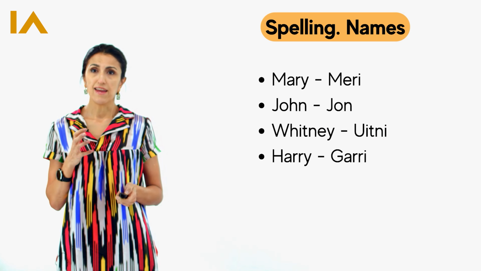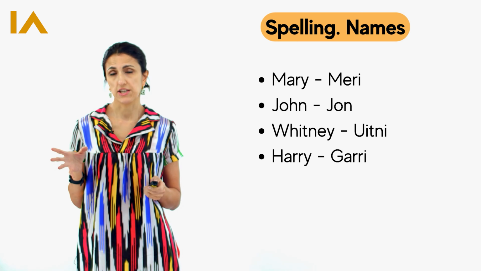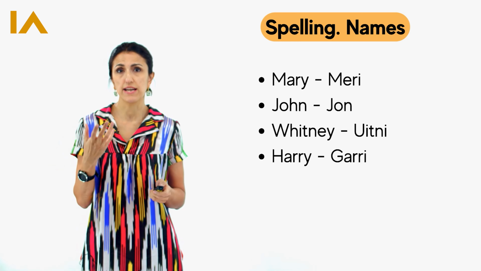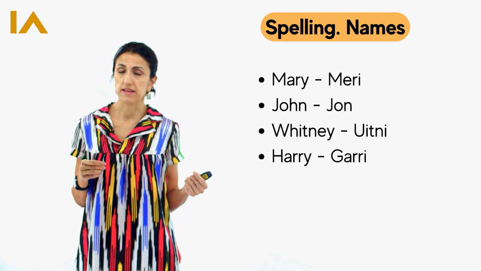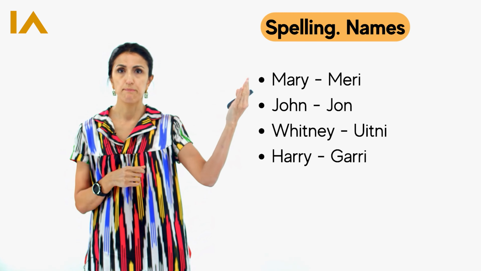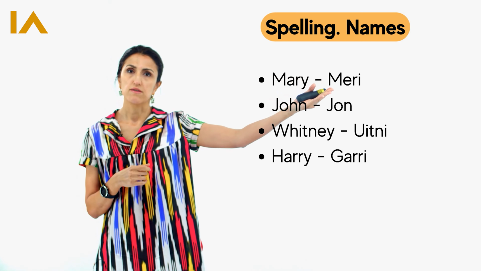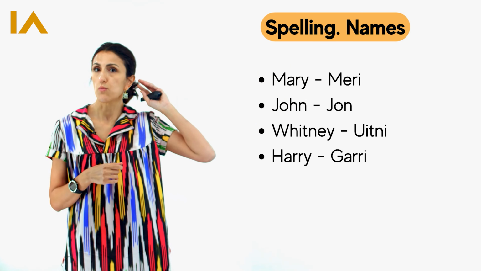And the last moment, which also can draw your attention, is spelling names, like your name. When it comes to writing it on a business card in Uzbek language, it can be spelled in a different version. For example, Mary could look like this, and you can see that we spell it the way we hear it.